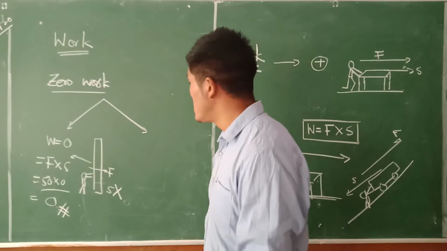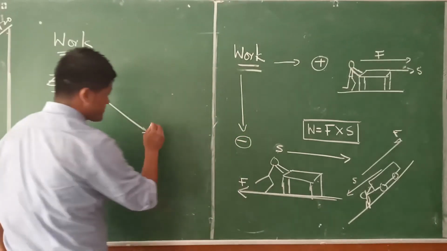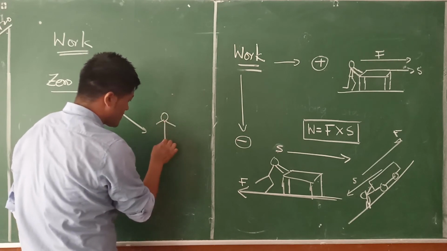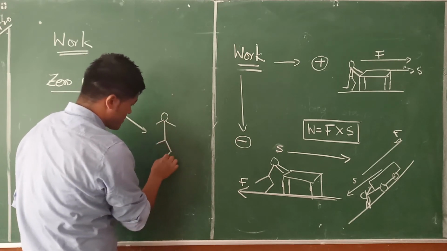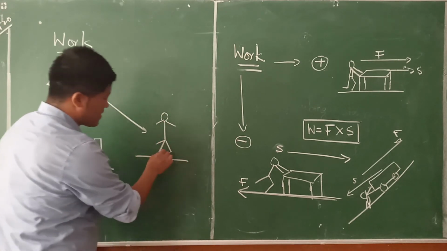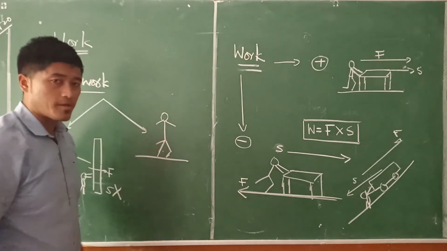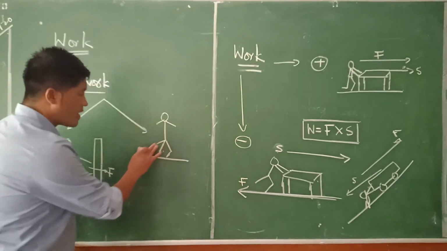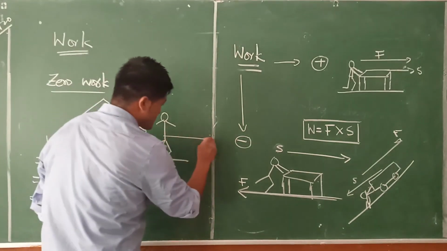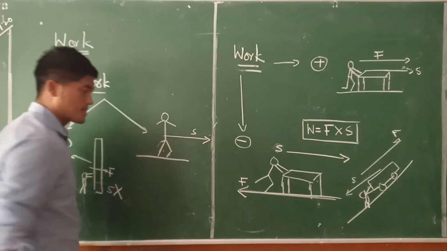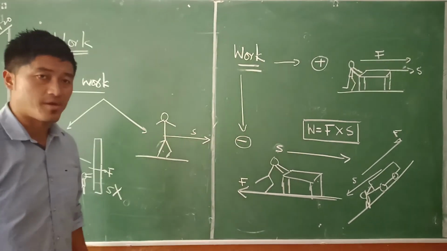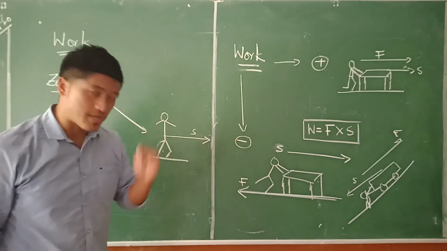For example, let's say a person who is walking on a straight road. Understand? So, as you can see, his displacement is in that direction here, because he is moving in this direction.